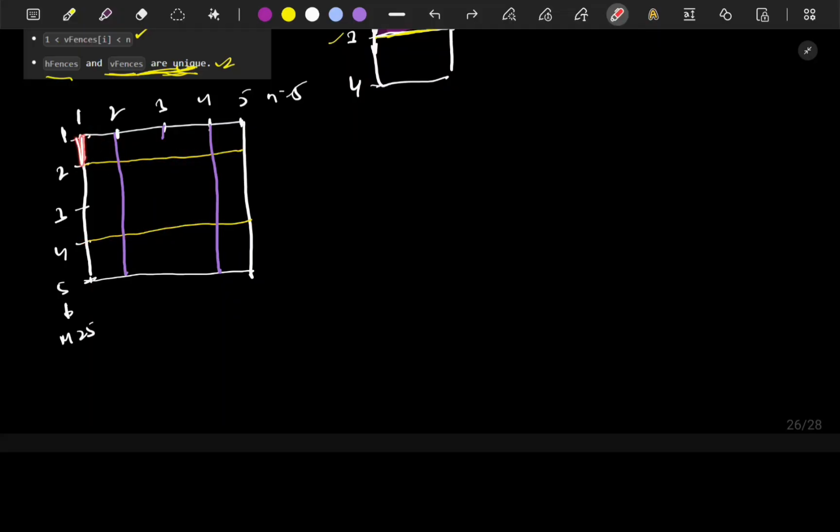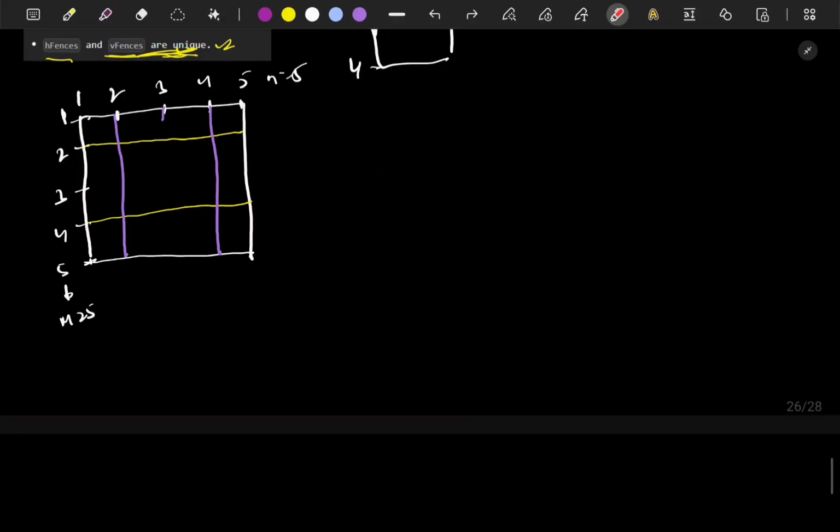This horizontal fence gives a side of 1, and this line gives sides of 1, 2 and 3. These sides are possible with these two fences. But if you take this line also as a horizontal fence, it will give 1 side, 2 side, 3 side, 4 units. So a square side of 4 is also possible with the horizontal fencing.